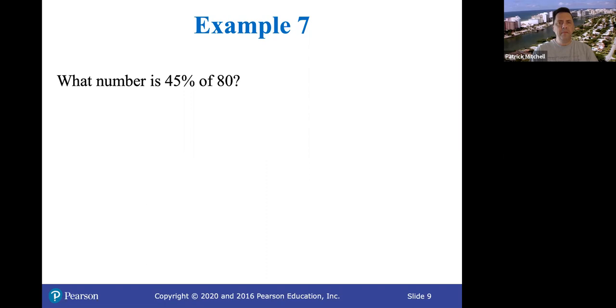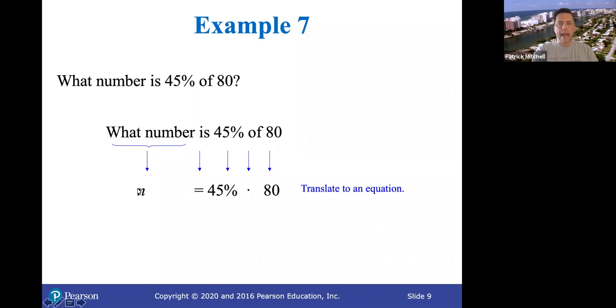So what number is 45% of 80? Just like in the previous examples, we'll turn what number into n, is into equals, of into times. So now we want to solve this equation. Before you solve an equation that has a percent in it, you want to convert that percent into either a fraction or a decimal, and you might find that a decimal is easier.